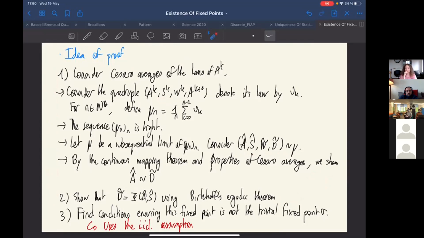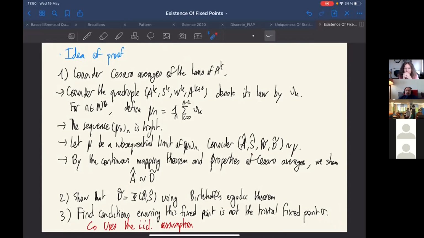But now we have to verify that the fixed point that we have constructed here, so this A hat, is not the trivial fixed point sigma. And this uses the i.i.d. assumption. This right here is precisely the point where you use the i.i.d. assumption. So I'm not going into the details here because, yes.